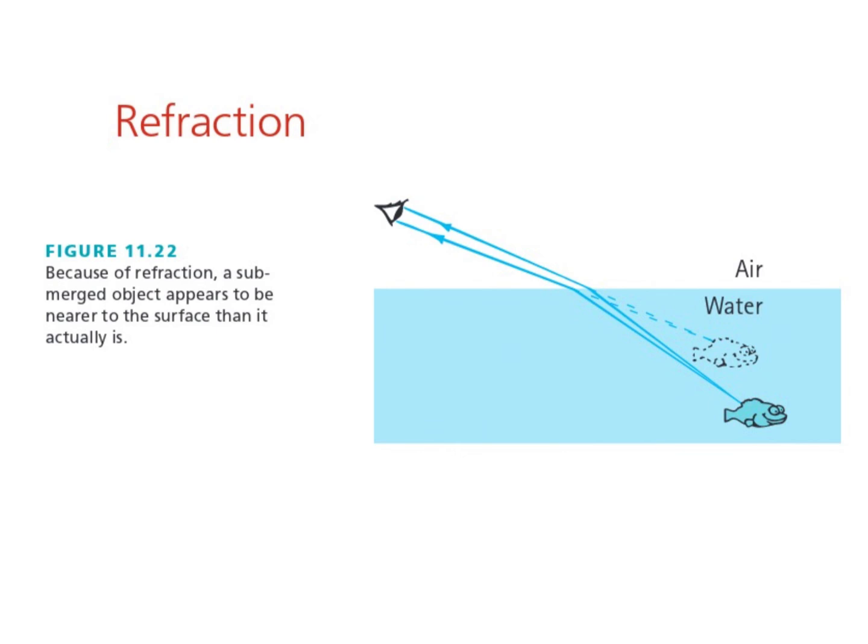Now we can look at some examples of consequences of this fact that light bends when it travels from one material into another. Now you can see sort of a classic idea here that is shown in a lot of physics books. If you have a fish, for example, that is underneath water, and you're above the water and you're looking at the fish through the water, the fish will appear to be in a different location from where it actually is.